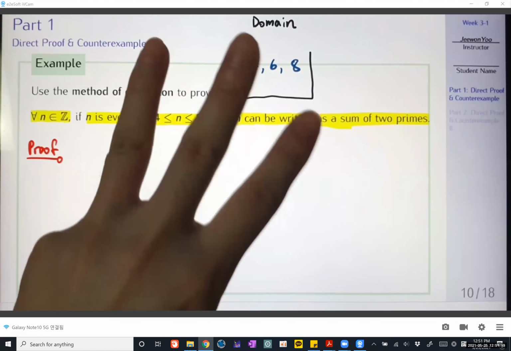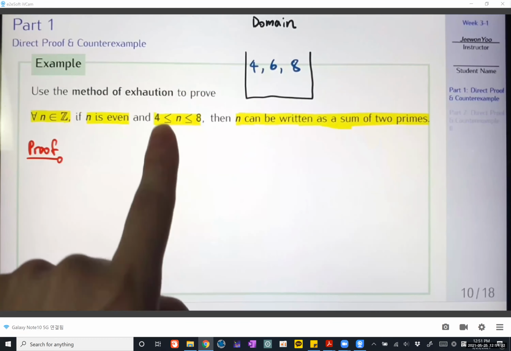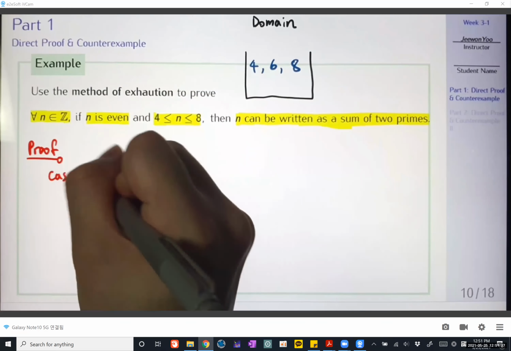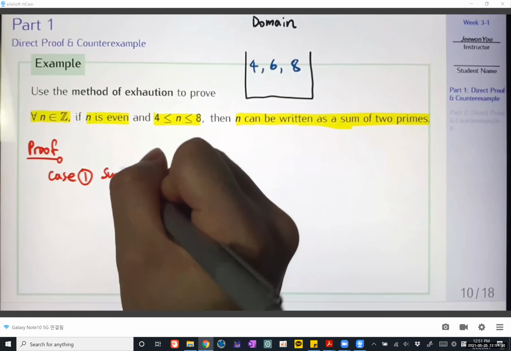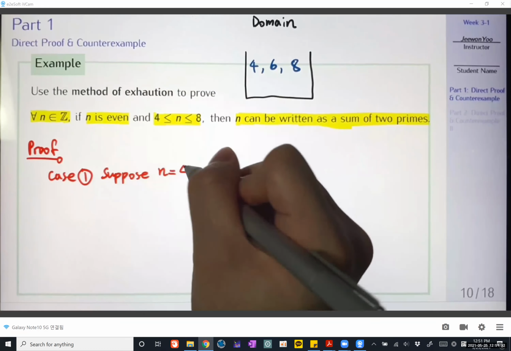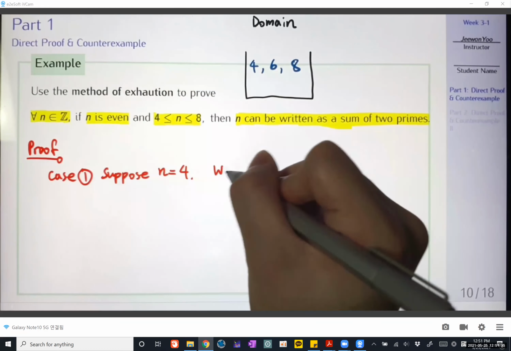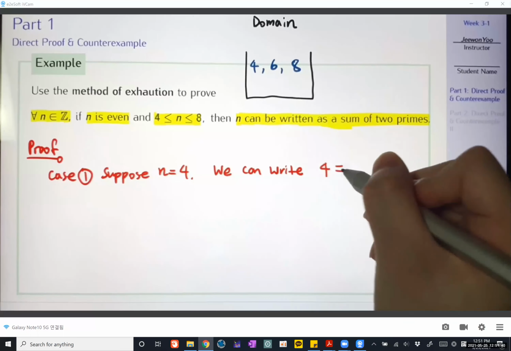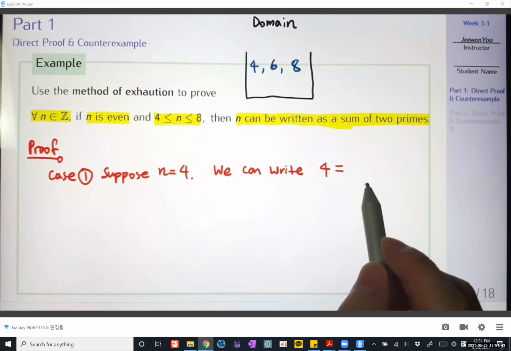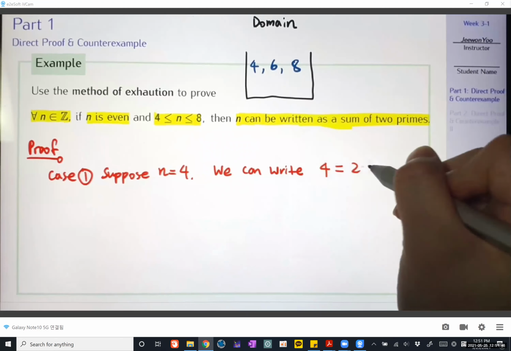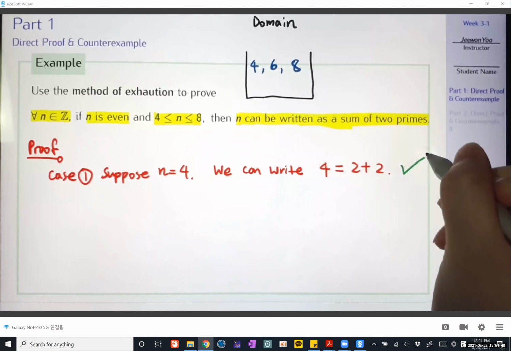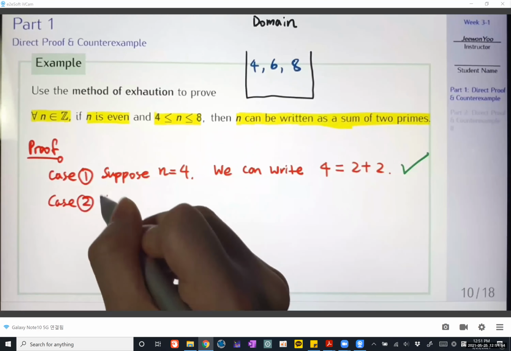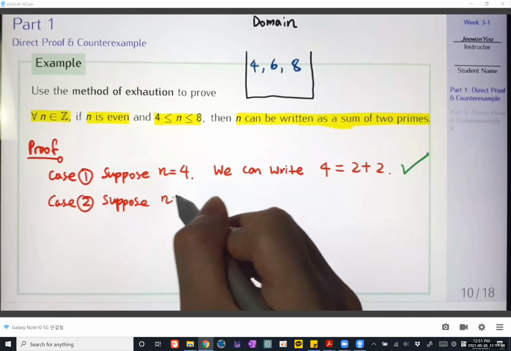How many cases? 3 cases, right? Case 1 is when we consider n to be 4. Suppose n is equal to 4, then we can write 4 as the sum of 2 prime numbers, say 2 plus 2. So case 1 is proved. Similarly, case 2, suppose n is equal to 6.